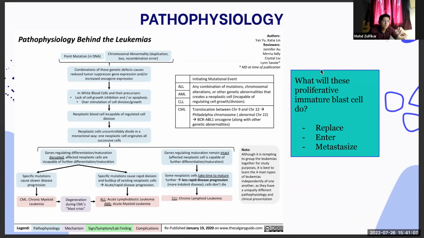These lead to either point mutations in the DNA or chromosomal abnormalities, which can lead to duplication, loss of sequence, or recombination error. A combination of these genetic defects will cause reduced tumor suppressor genes, however it will increase oncogene expression.